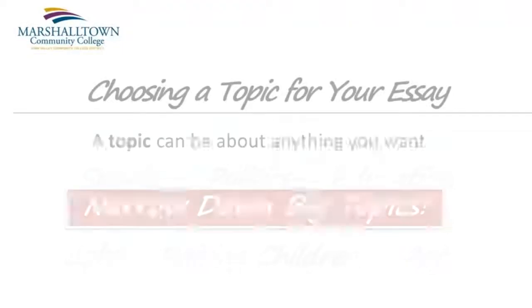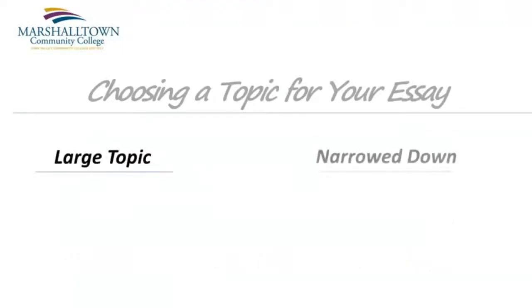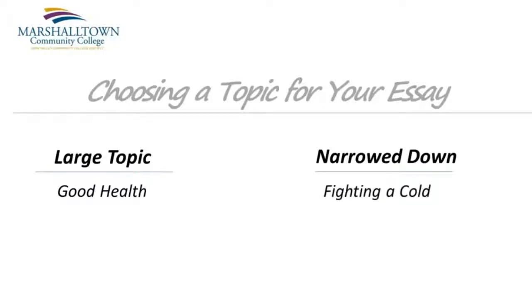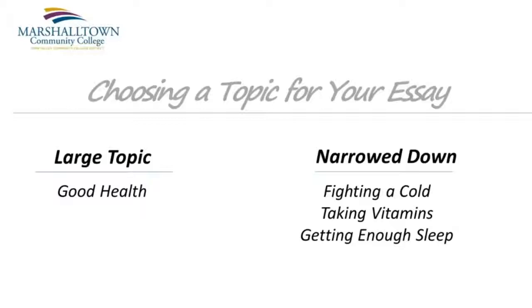For example, a topic like good health is much too large to write about in one essay. These more narrow topics, like fighting a cold, taking vitamins, or getting enough sleep, would be much better choices. They're still related to the larger topic of good health, but the more narrow focus makes them a much more manageable size for writing about in an essay.